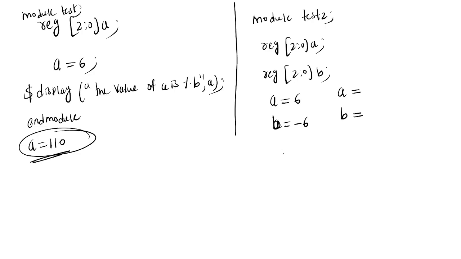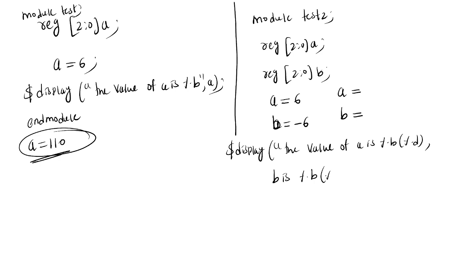Suppose I want to display with $display: the value of a is %b, comma, b is %b, comma a, b, endmodule.